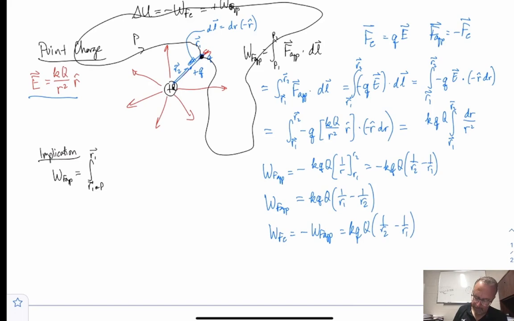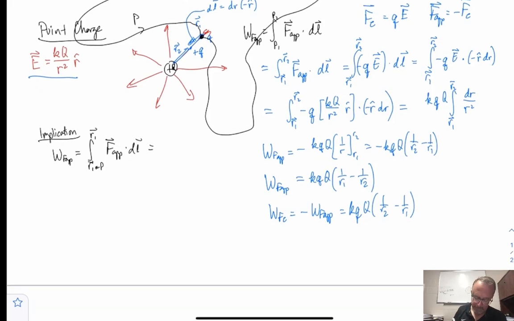But the point of all this is, if I do F applied dot dl, what I'm going to end up with is the same thing, KQQ times 1 over R1 minus 1 over R1. Well, guess what that gives you? 0.